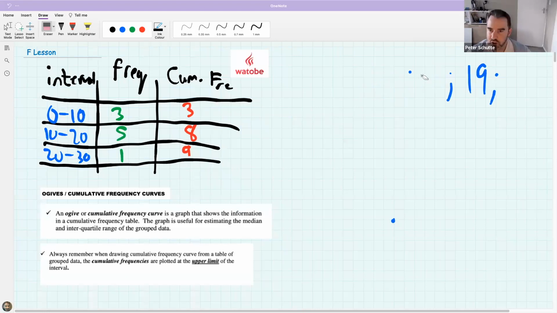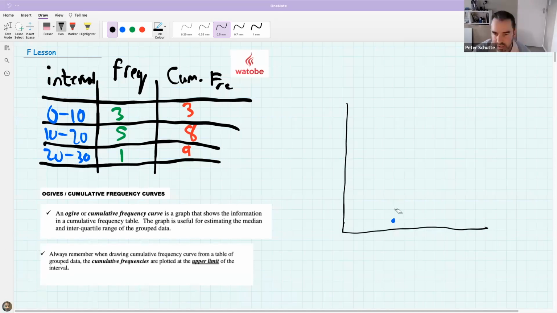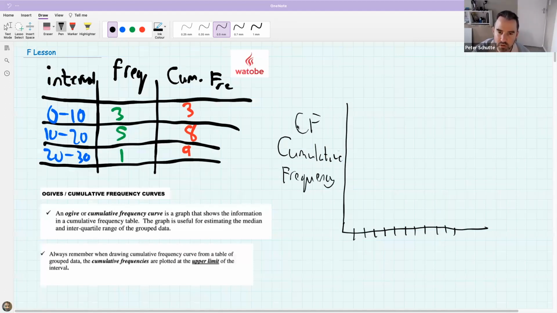What that graph does is it also has intervals. If I draw a little rough one for you here, it has its intervals along the x-axis, but on the y-axis, it has the cumulative frequency, or what we would call CF.